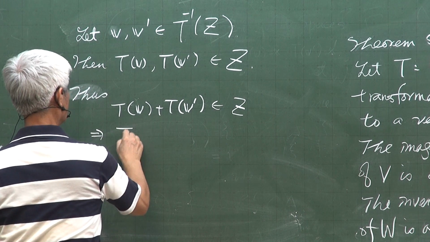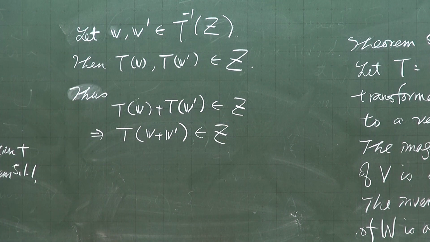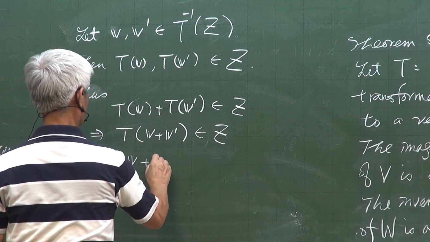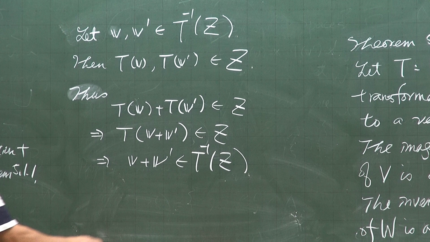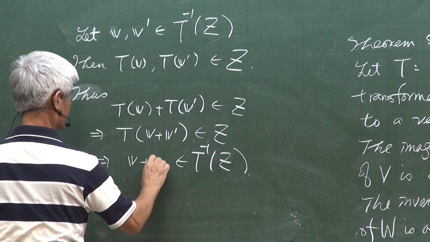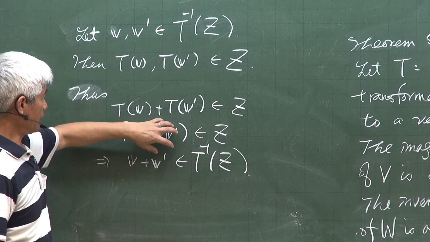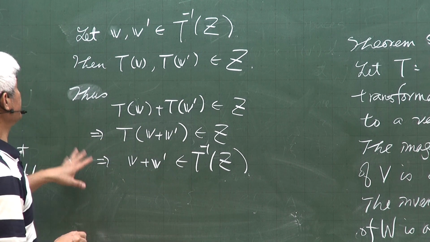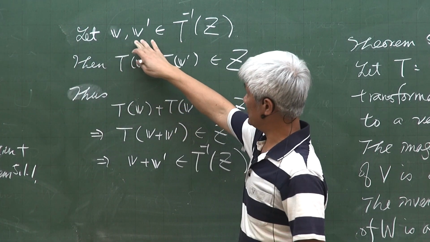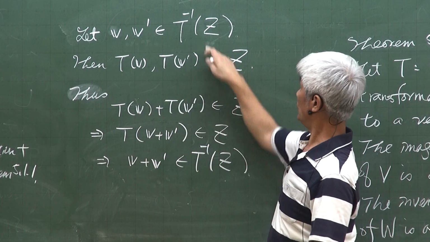So this implies that V plus V prime is in the inverse image of Z by definition. Because the image of the sum is in Z, the sum must be in the inverse image of Z. Alright, so starting with two vectors in the inverse image of Z, we find that their sum is also in the inverse image of Z.